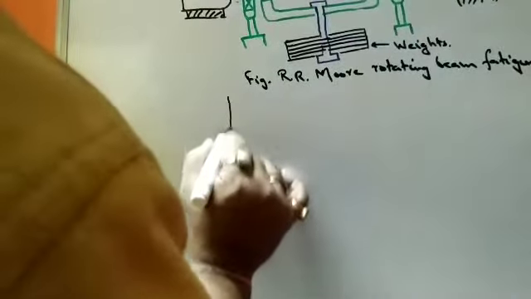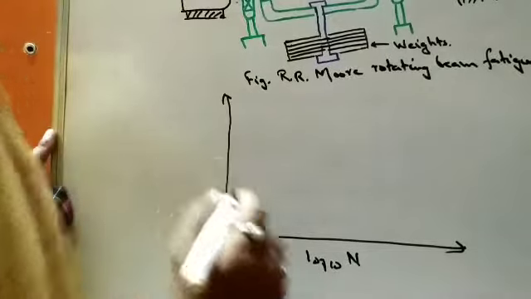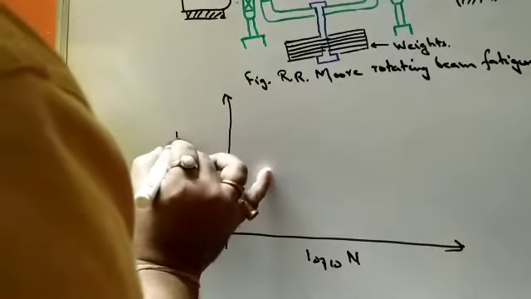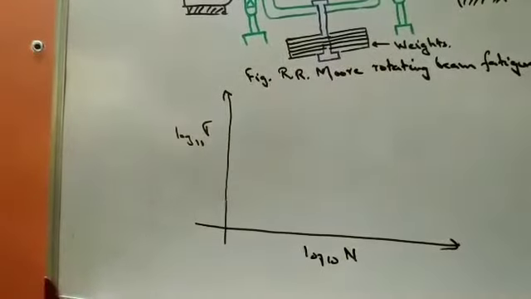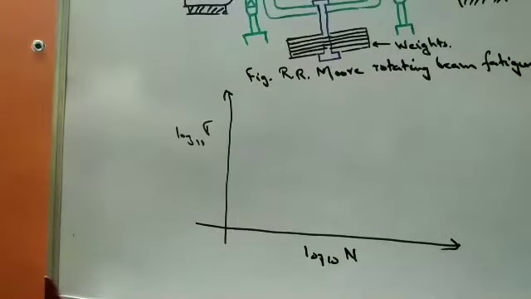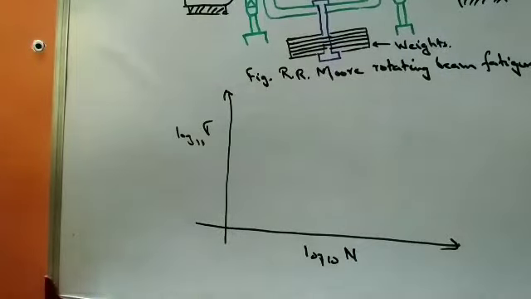We take a graph like this, where the x-axis represents log base 10 of the number of cycles and the y-axis represents log base 10 of the stress. Now we apply different types of loadings. We change the loading, and as we change it, we increase it more and more.